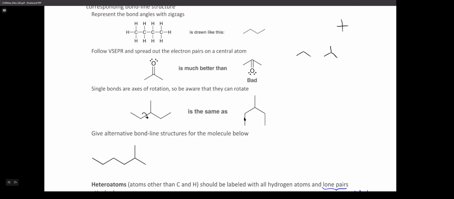So this is the same thing. Same idea over here. If I swing this bond in, then this can become this. Or I could even draw it like this.